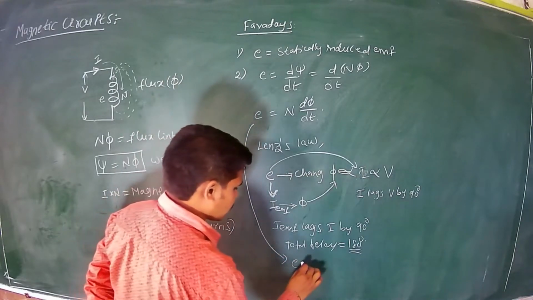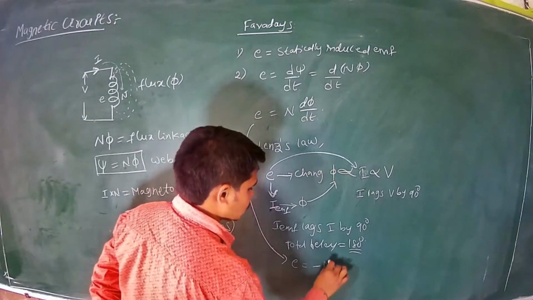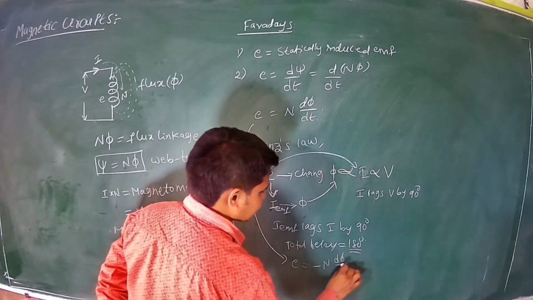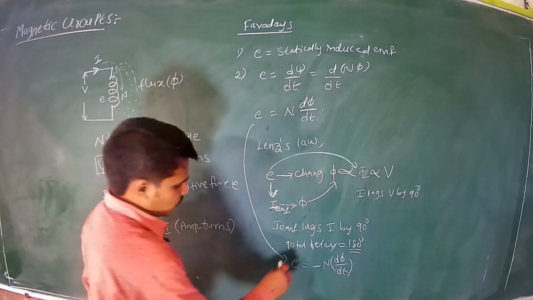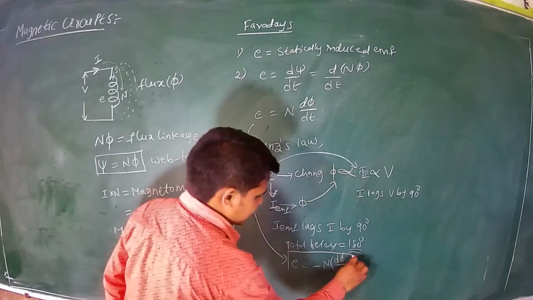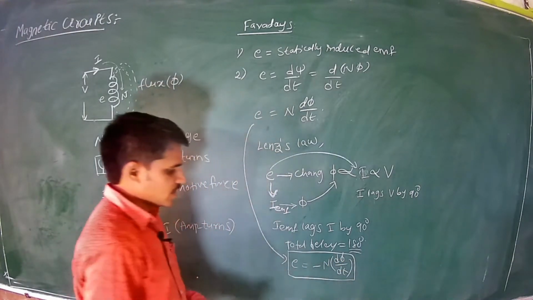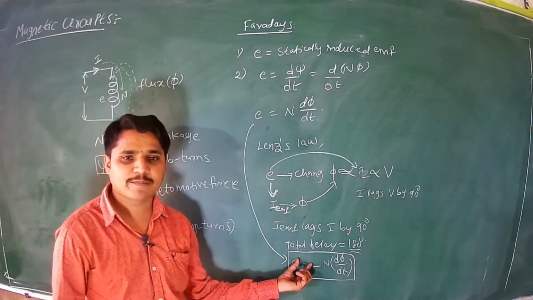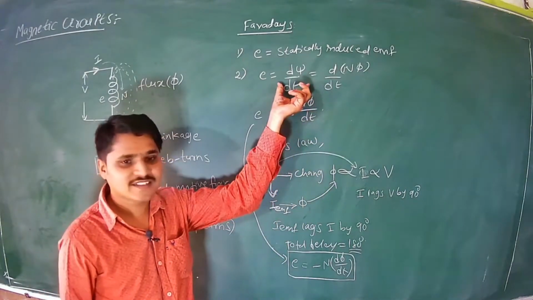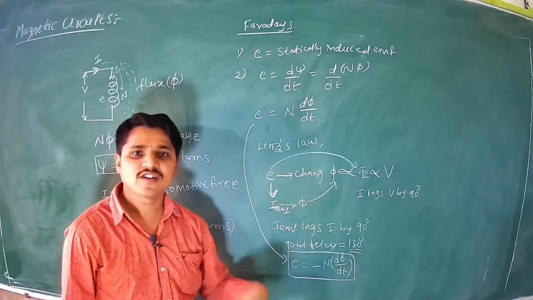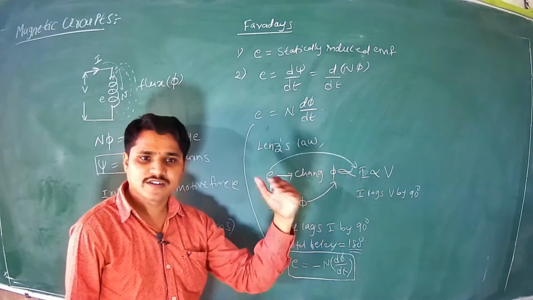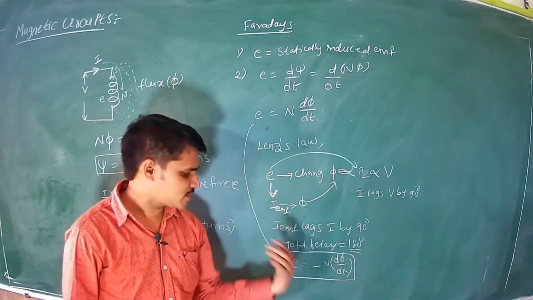This 180 degrees can be represented in the EMF equation, which can be written as E equals minus N d phi by dt. That means this is the statically induced EMF. The magnitude of the statically induced EMF can be found using Faraday's second law, that is the rate of change of flux linkages. Whenever the flux linkage in the coil changes, EMF is induced.